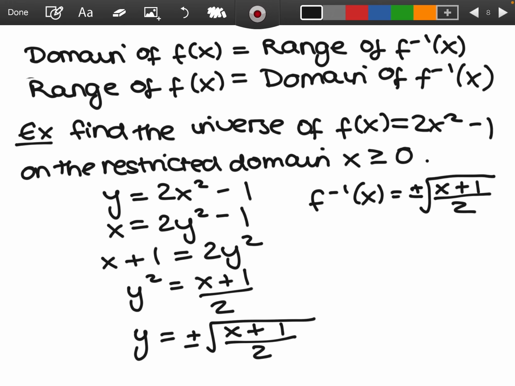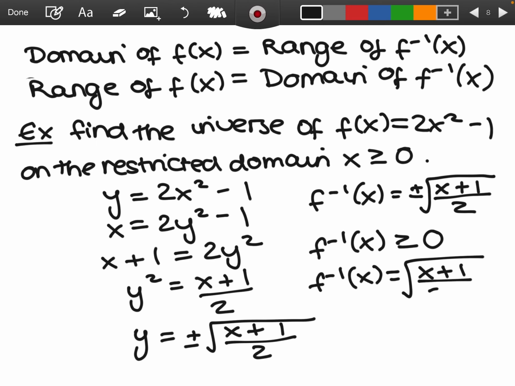But remember, we have restricted our domain of f of x. So my domain of f of x equals my range of f inverse. So if I've restricted my domain as x is greater than or equal to 0 for f of x, that tells me that the function value that I get out of f inverse, my range of f inverse, must also be greater than or equal to 0. So because I know that f inverse of x has to be greater than or equal to 0, my range has to also be any positive number.